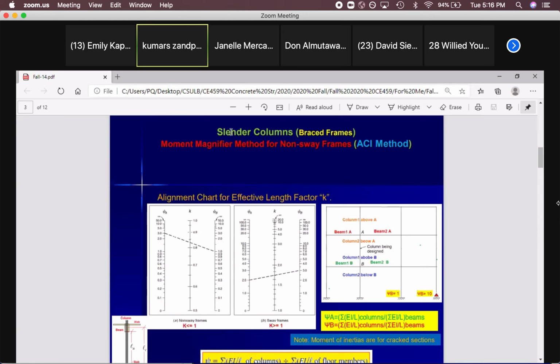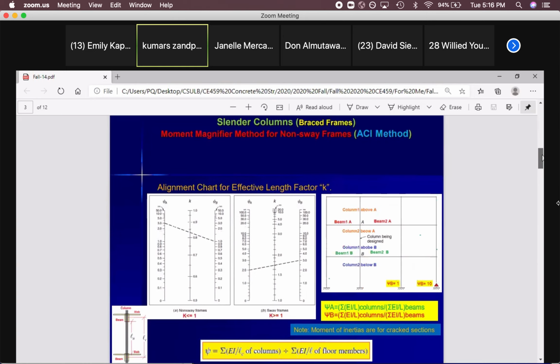And then check for slender columns for that frame. So we are going to find the K factor for the effective length of the column. That's the same as what we started from strength of materials for bending, when you have slender columns and buckling.